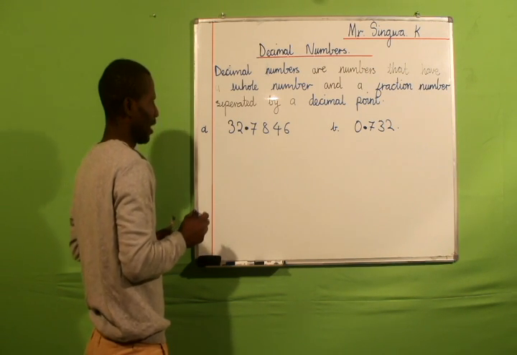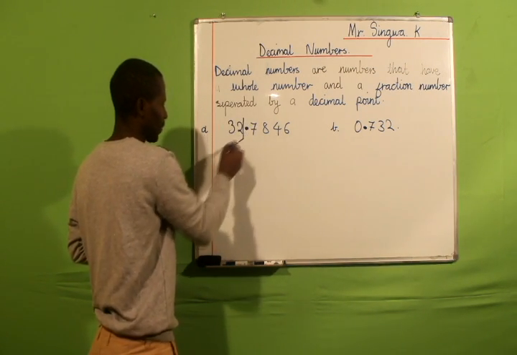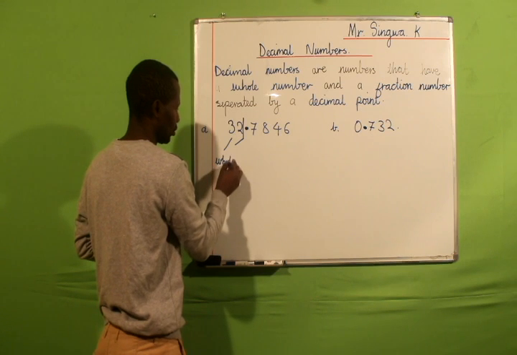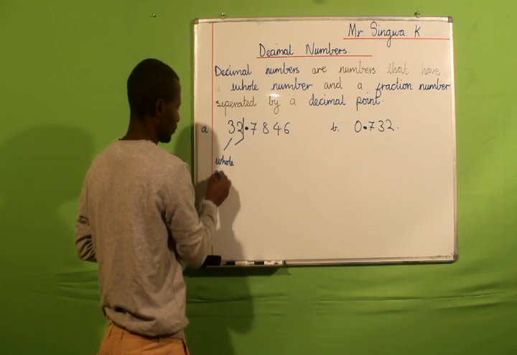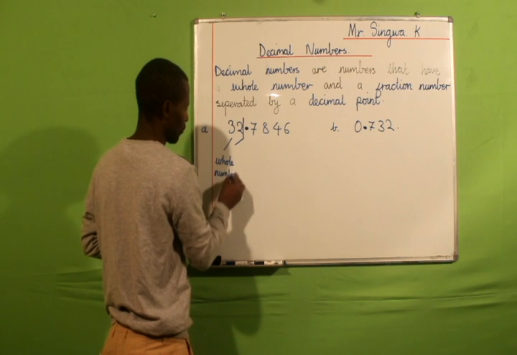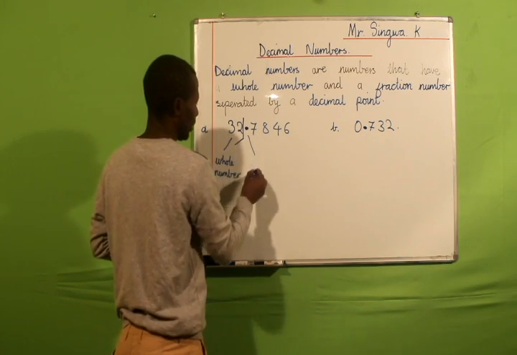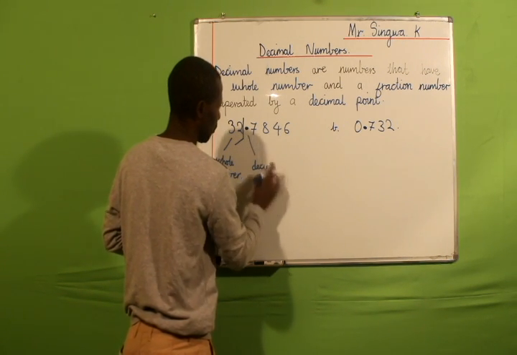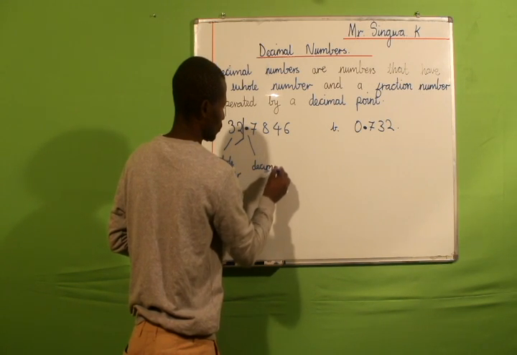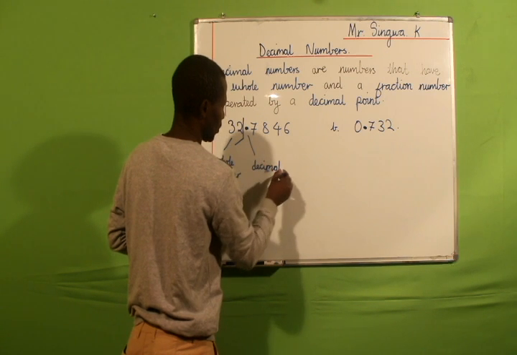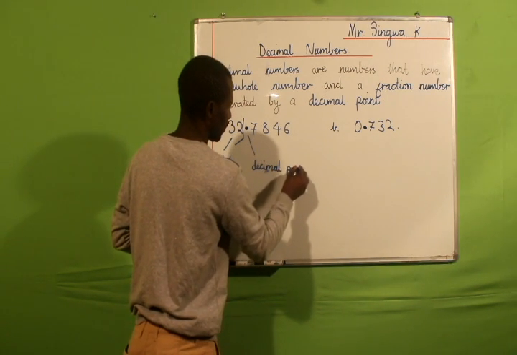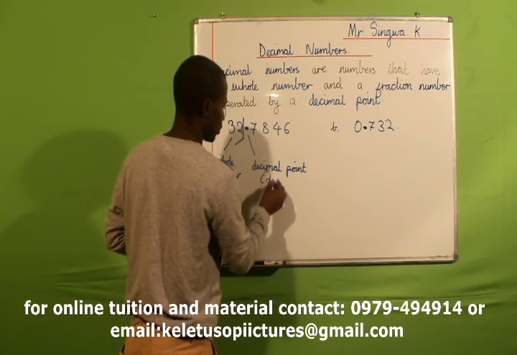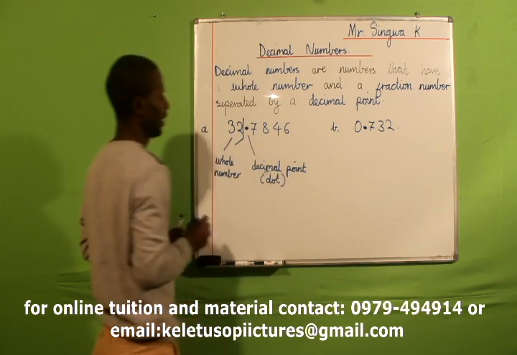Here you have what we call a whole number, decimal point, some refer to it as a dot, separated by a dot.